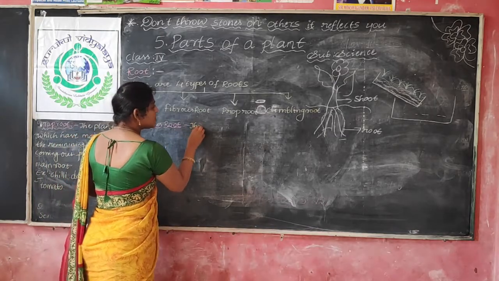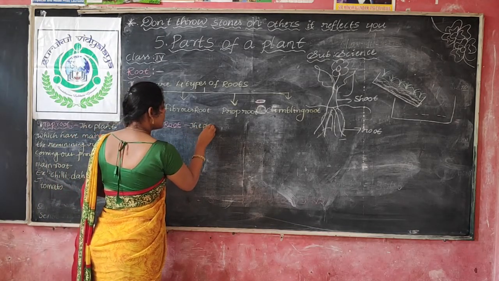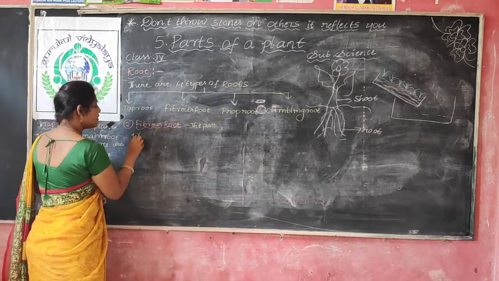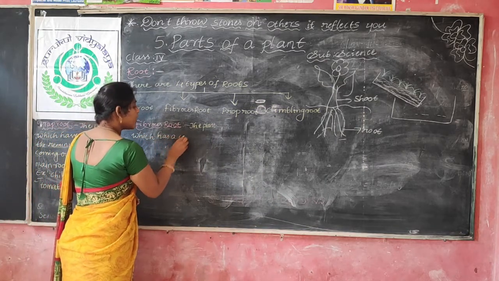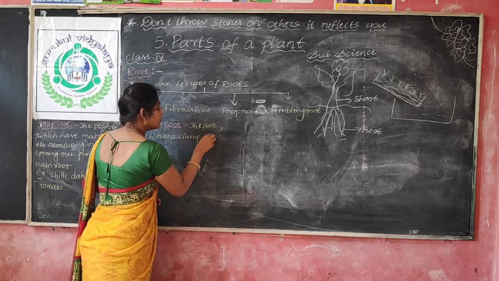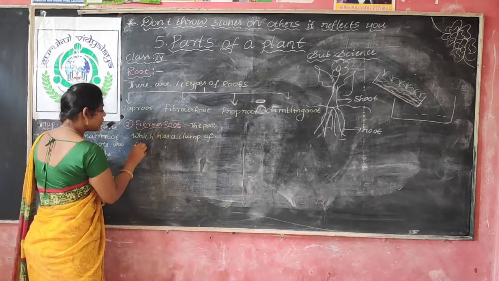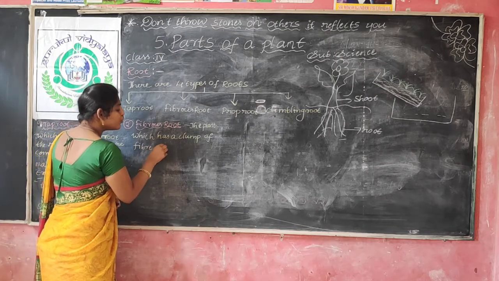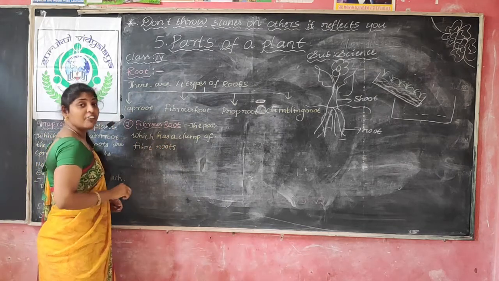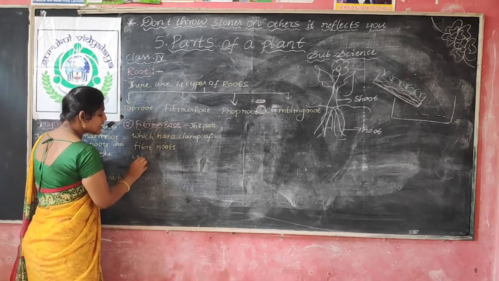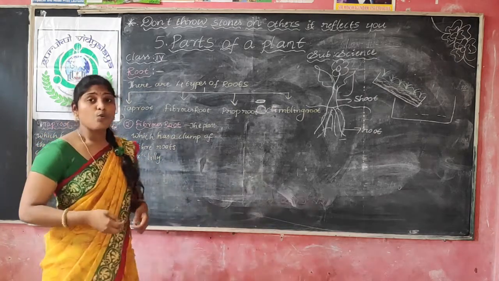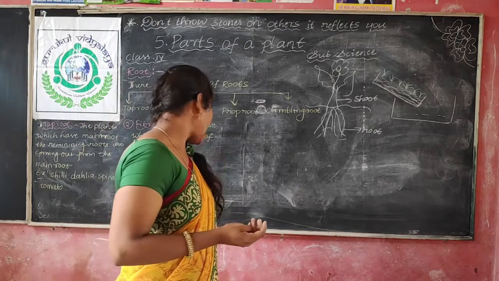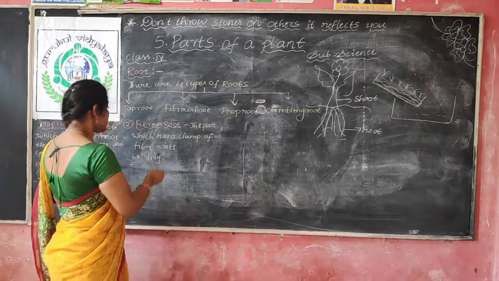The plant which has a clump of fiber-like roots is called a fibrous root. What are the examples, like lily? You can find grass, wheat, maize.